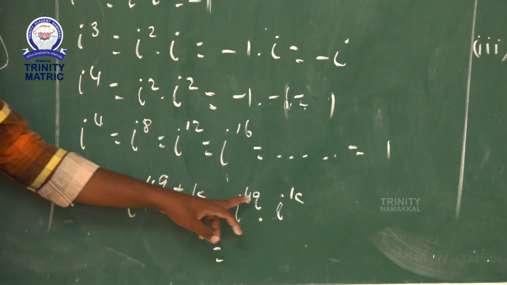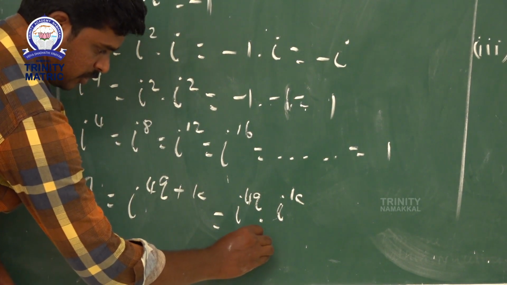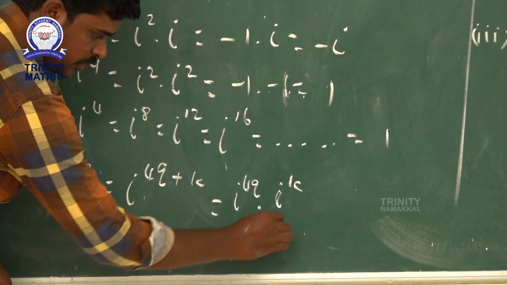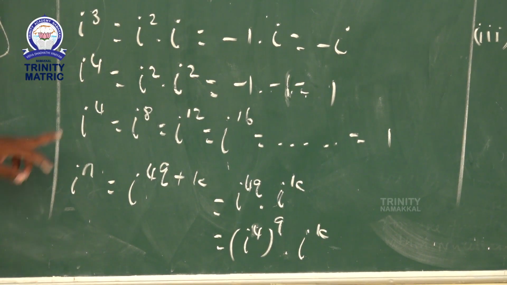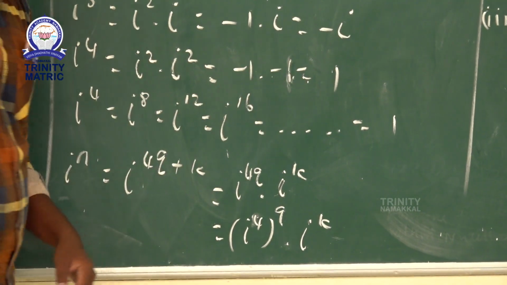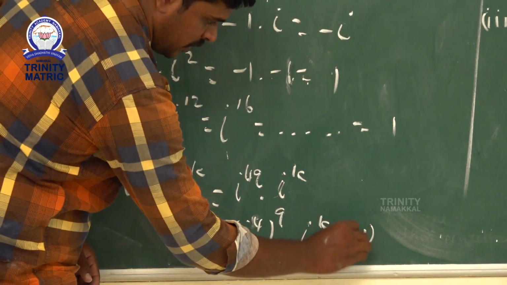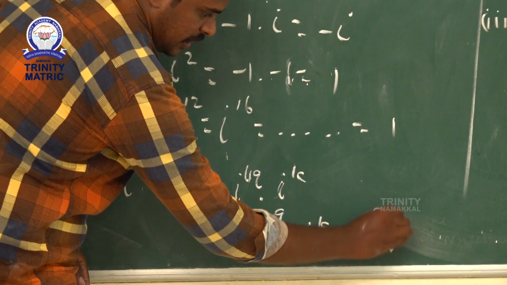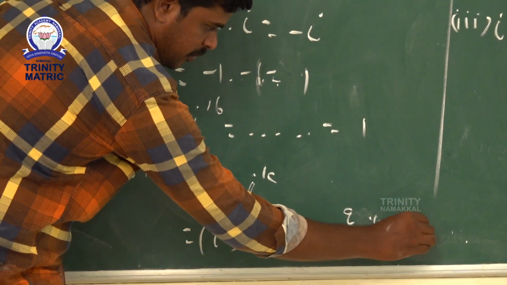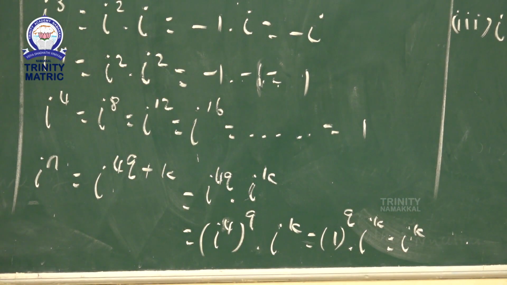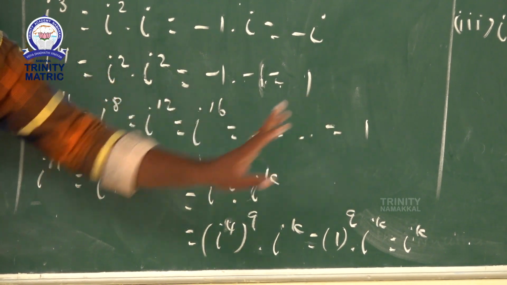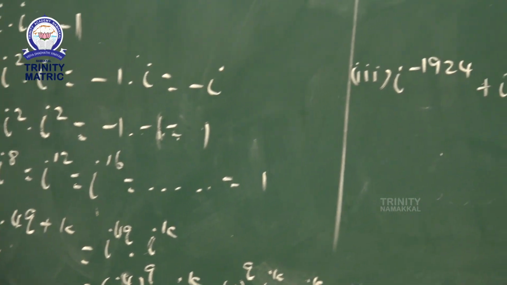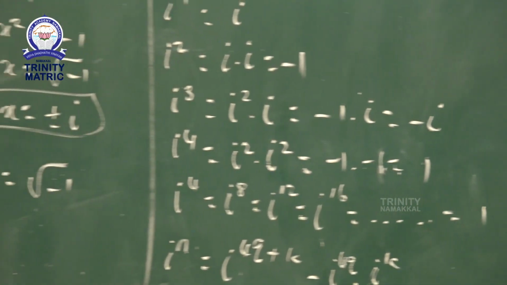Next, i power 4q can be changed to i power 4, the whole power q, into i power k. What is i power 4? The i power 4 value is 1. So 1 power q into i power k is equal to i power k. So in general, i power n can be changed to i power of the remainder. Okay, this is the introduction of complex numbers.